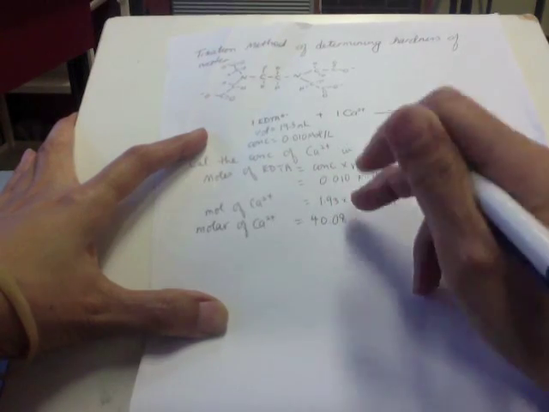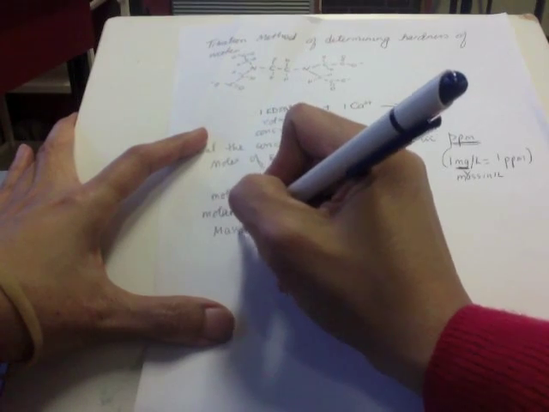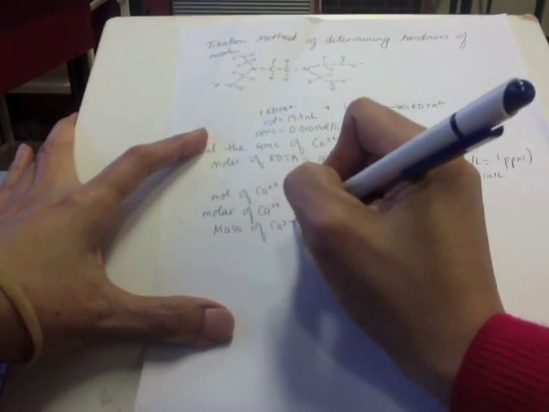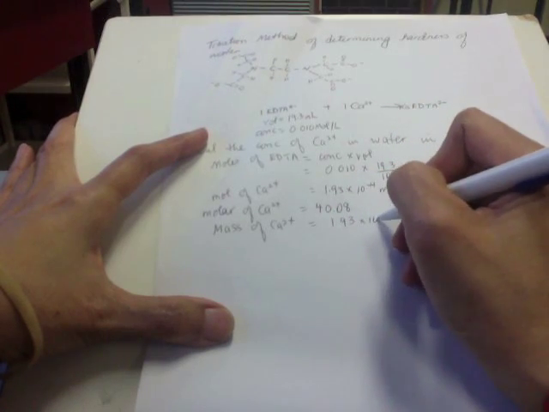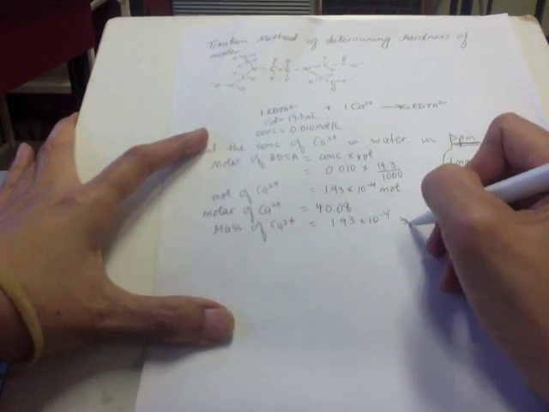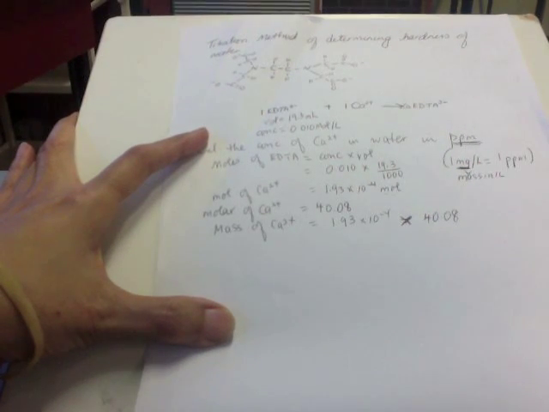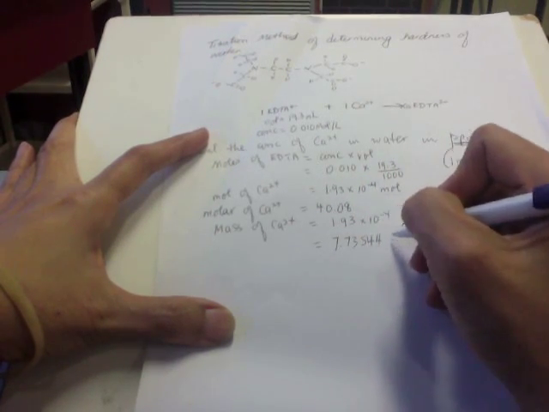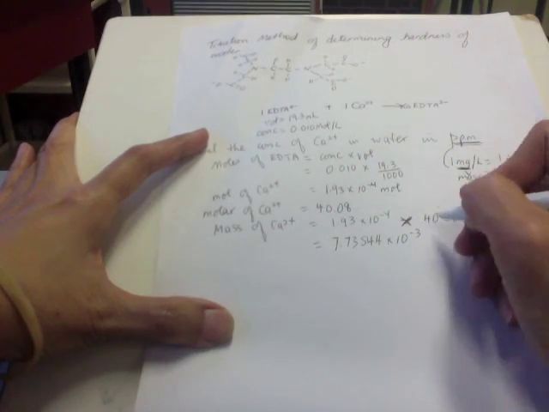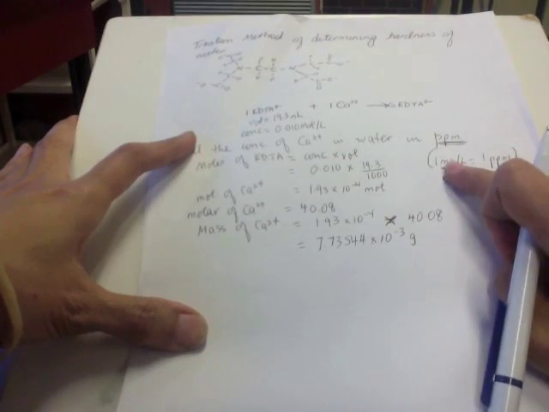To simply change the moles to mass, the mass of calcium is 1.93 times the molar mass, which gives you this answer. This is the mass of calcium in terms of grams.